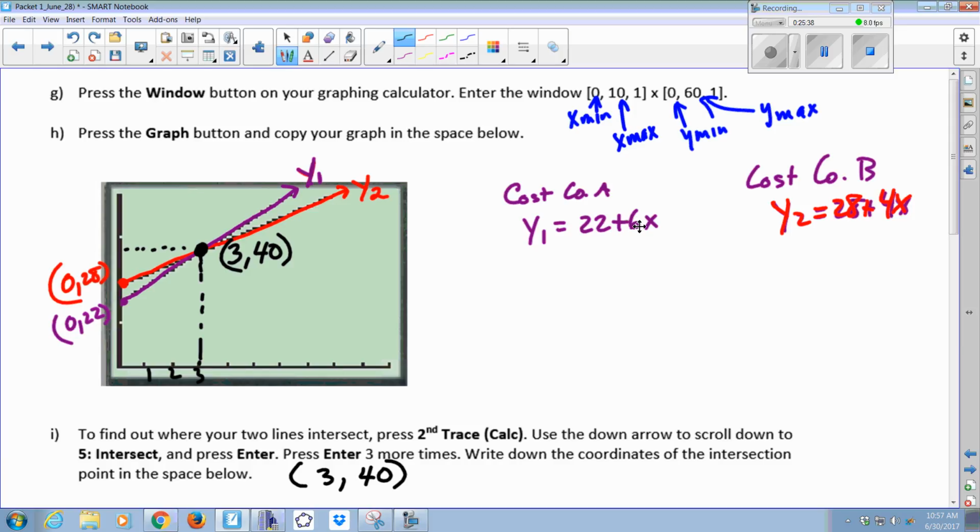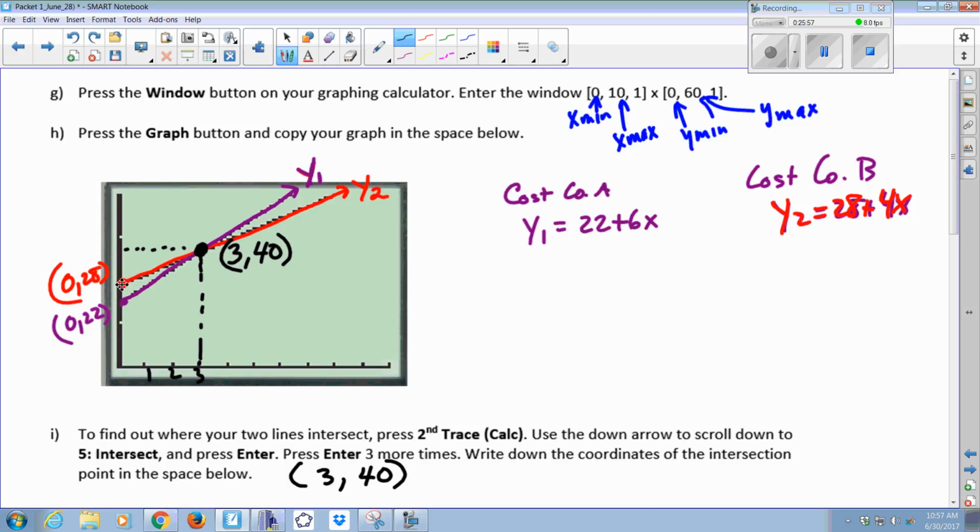Okay? The cost of company A, even though you start out at a lesser cost initially, after some point, this slope of $6 per hour will make your overall cost greater.